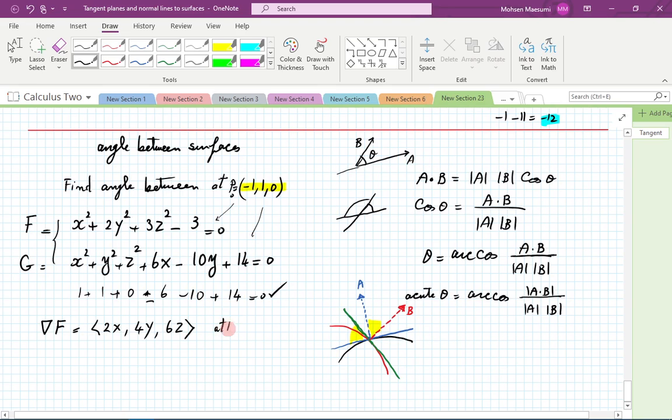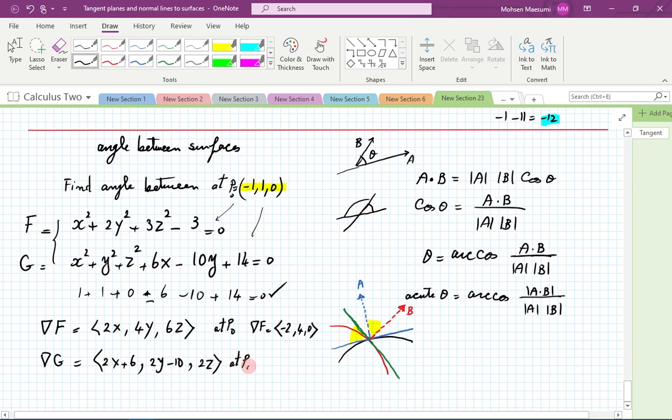At P0, our gradient becomes -2, 4, and 0. Gradient of G: derivative with respect to x is 2x plus 6, derivative with respect to y is 2y minus 10, and derivative with respect to z is just 2z.